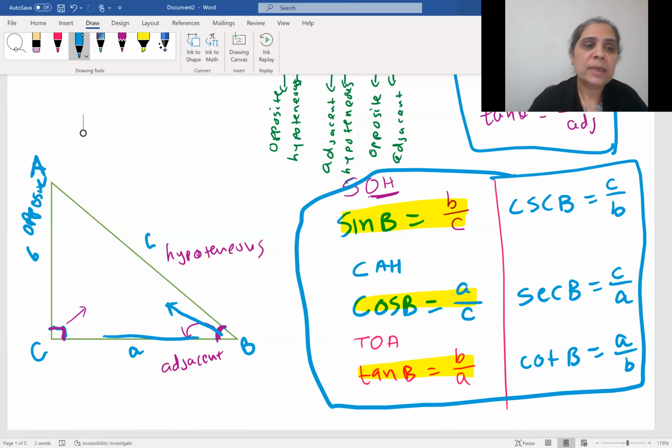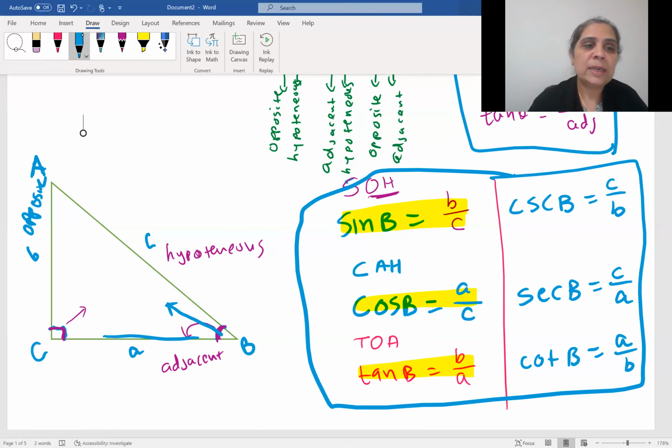Let's see, we have a right triangle with vertices A, B, and C. Let's say this length is 3, here is 4, and I don't know this length.